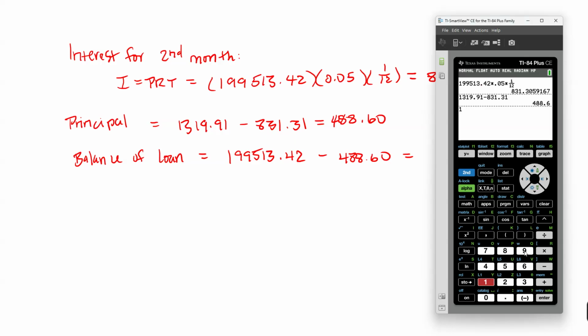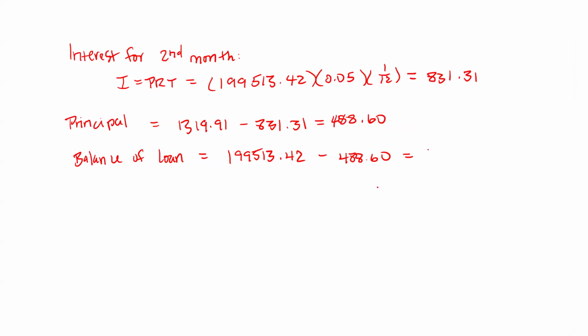So 199,513.42 minus 488.60. All right, $199,024.82.